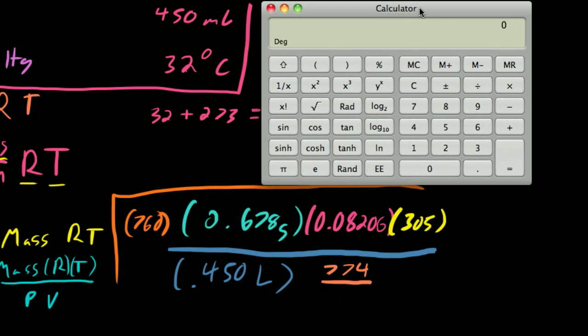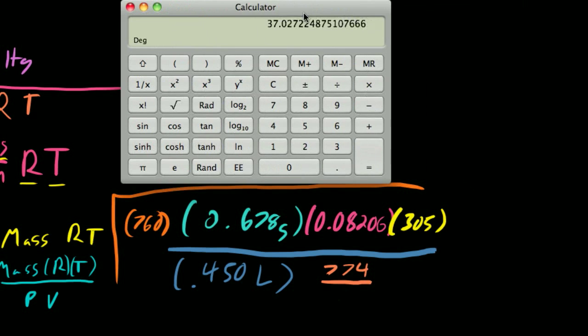So we have 760 times 0.678 times 0.08206 times 305 equals, and then we're going to divide that by 0.450, and then divide again by 774.